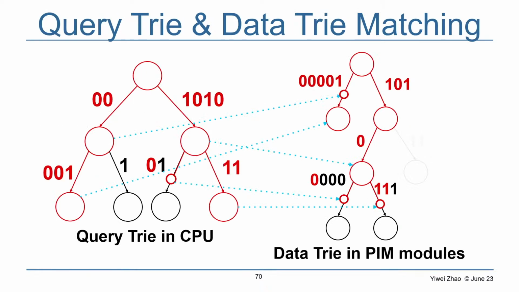So what are the rules? Why would you match those two, but there are some other edges in the middle that could match somewhere? What are the rules for matching? Okay. So it's matching as these two are exactly the same. And I can try to introduce this by showing what this red part is. The red part is the longest common prefix between these queries and the data trie. So here, we have a query that's 0, 0, 1, and the longest common prefix is actually 0, 0 because there's no 0, 0, 1 here.